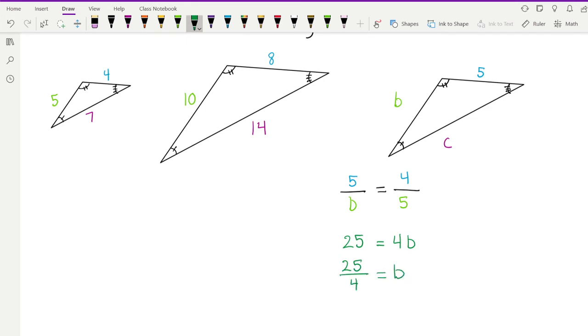And by the way, I'm going to tell you right off the bat in this class, we're going to be using fractions a lot. And generally, I'm going to want you to write your answers as fractions rather than as decimals. So when you see a number like 25 over 4, resist the urge to go type it into a calculator. That's actually how I want your answer.